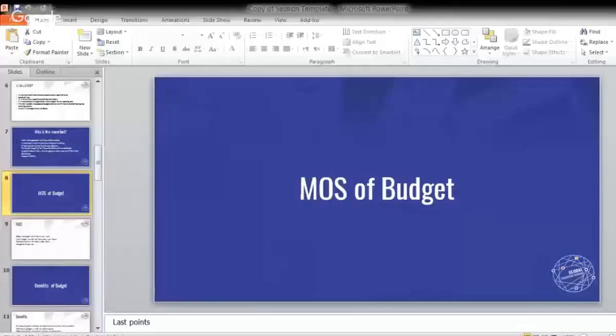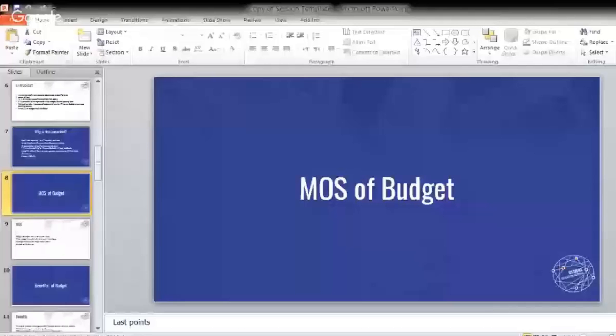The next point is what are the indicators of a good budget? By this point, I understand exactly what budgeting is, and I know the importance of having a budget.